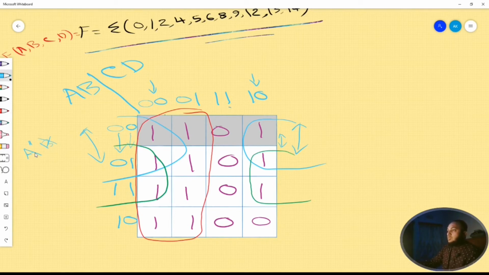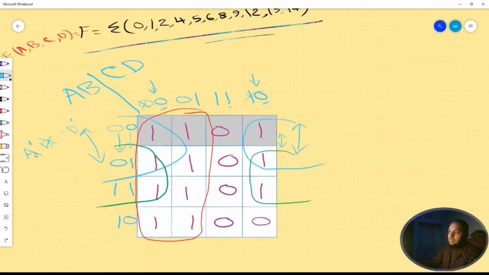Then we can see the blue group covers the first column and the last column. We can see D doesn't change in the first column or in the last column. So D doesn't change from the last column to first column. So we will take D with a prime because the unchanged D is 0, and C changes from 0 to 1 or 1 to 0, whatever.